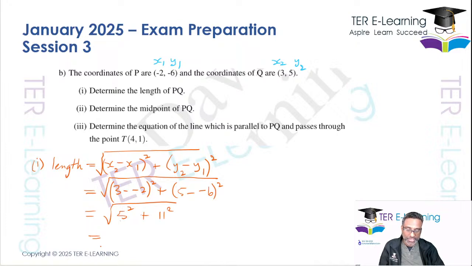Second function, square root, and you're going to get about 12.1. I see some people got 12.1.